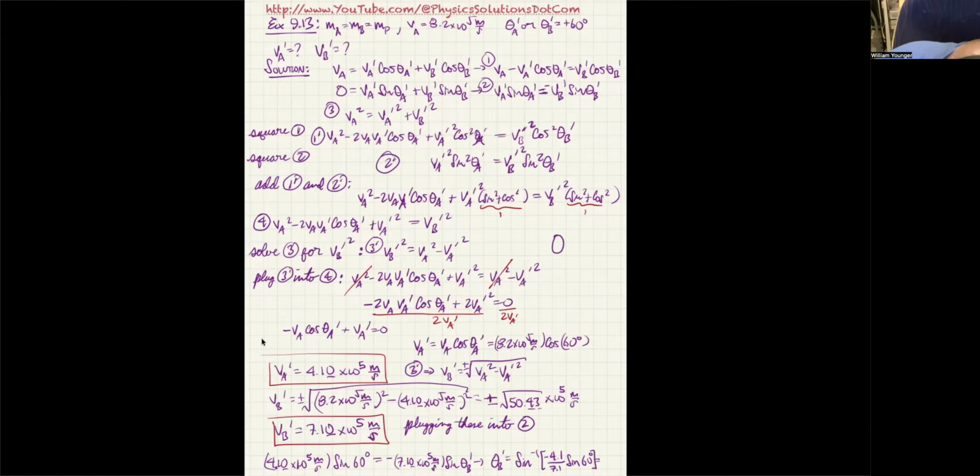Actually, let me write it in red so it'll show up. Theta B prime is negative 30 degrees. And that's because theta B prime turned out to be the inverse sine of negative 0.500. And that's why we got that.